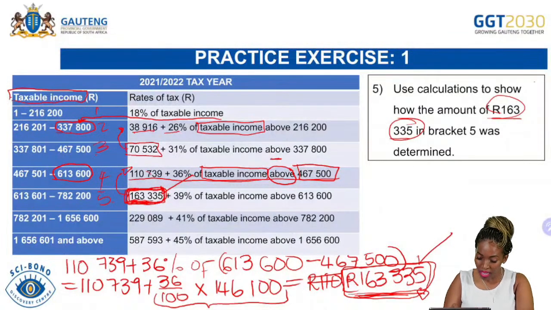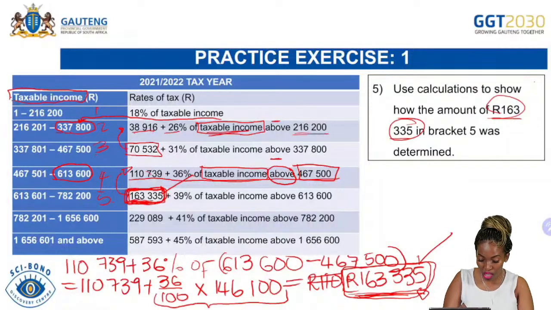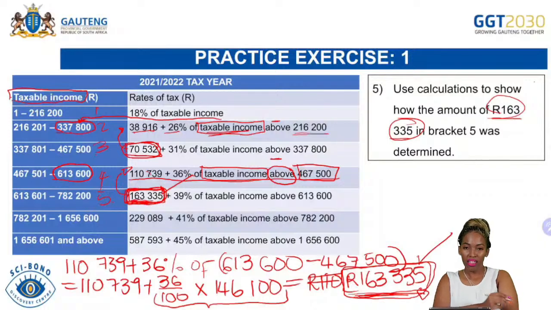Your maximum amount becomes your taxable income, and the word above means what? It means subtract. Subtracting what? 216,200, and then you will see, when you do your math, it will take you back to this answer, to 70,532. So this is how you answer that question, where you have to show how a value was calculated.